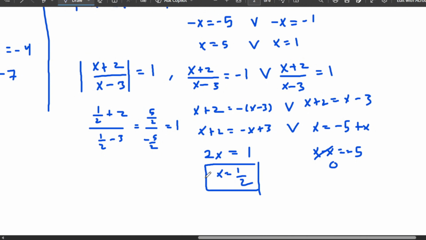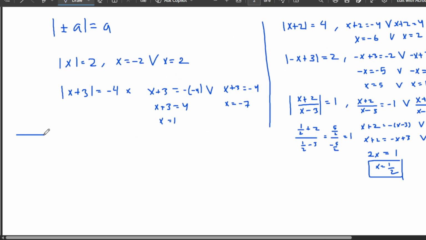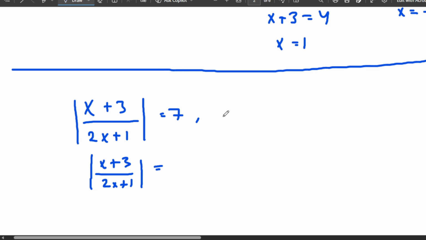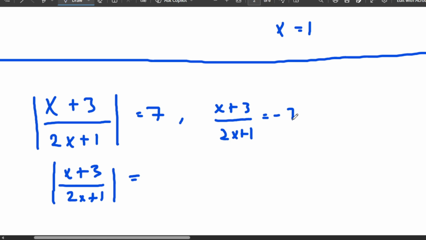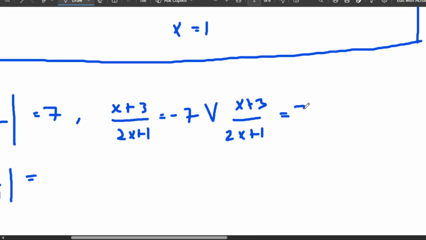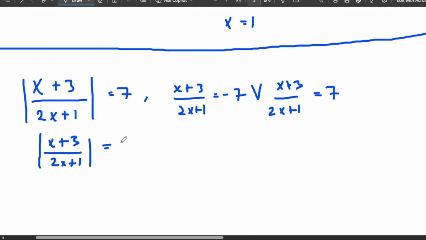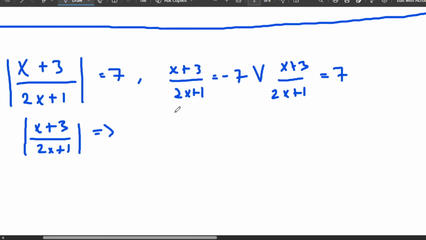Okay, now another example would be, we have the absolute value of x plus 3 over 2x plus 1 equals 7. So x plus 3 over 2x plus 1 equals negative 7, or x plus 3 over 2x plus 1 equals positive 7. Now we cross multiply.